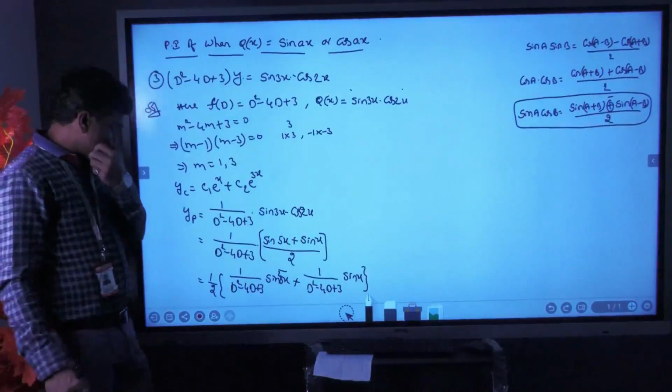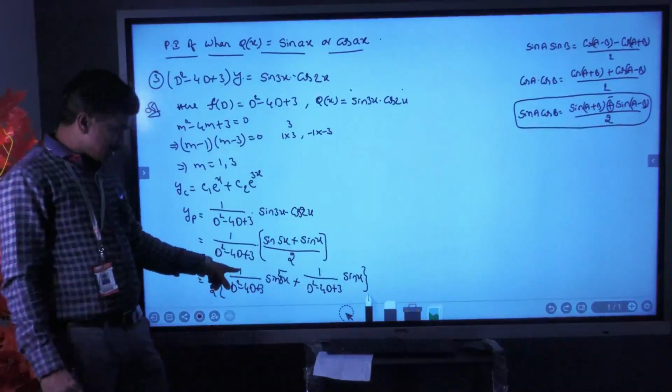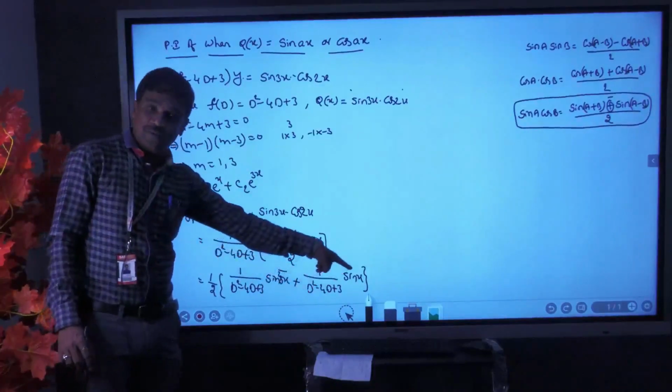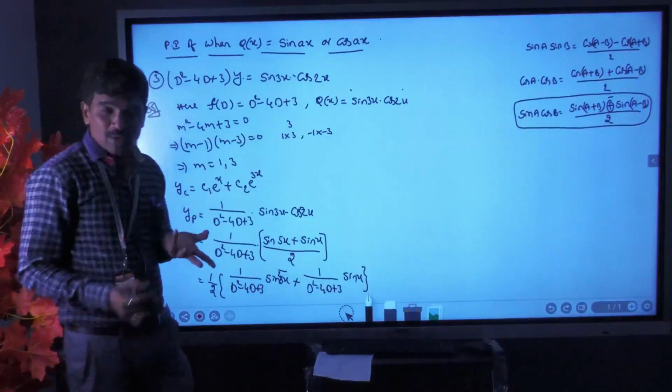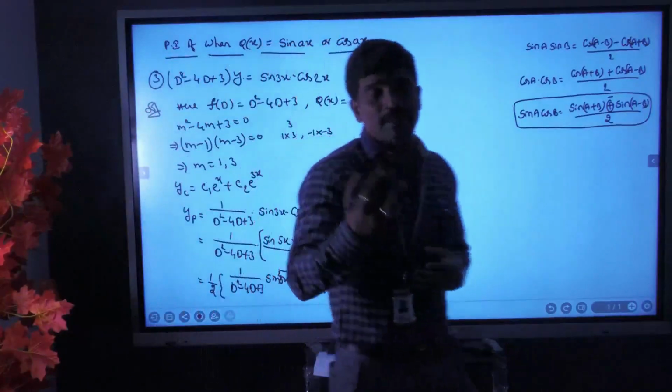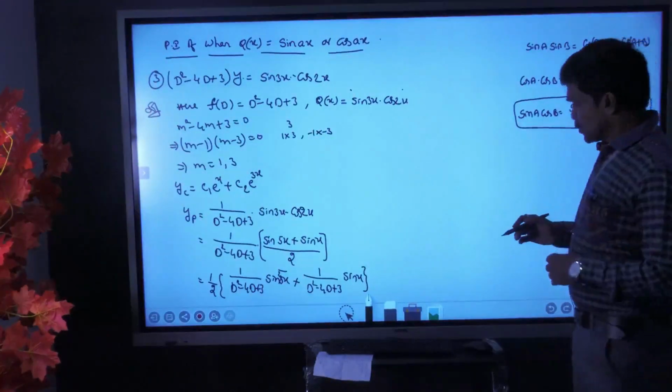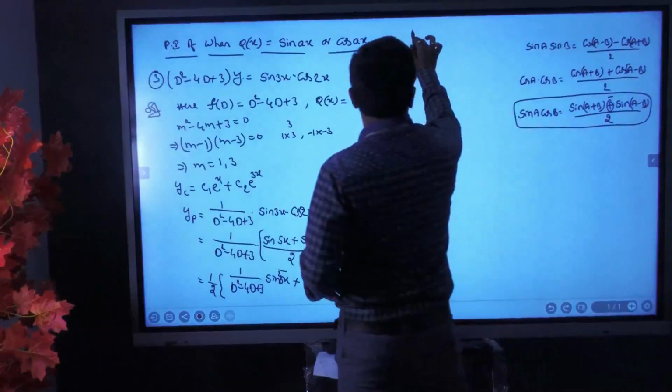So this is yp. Now here it is 1 by f of d into sin ax form. So when q is sin ax form, then replace d square with minus a square. So what do we get here?